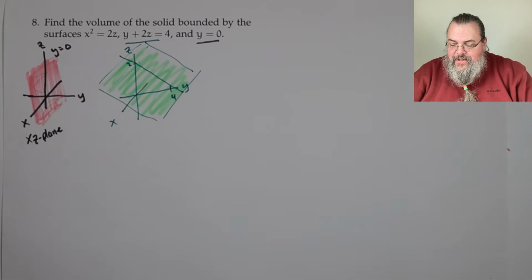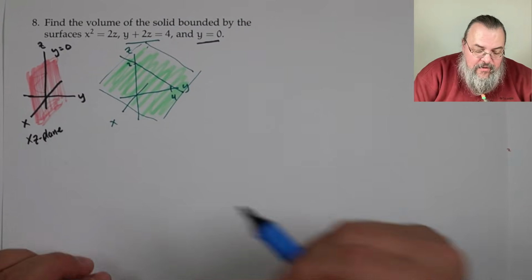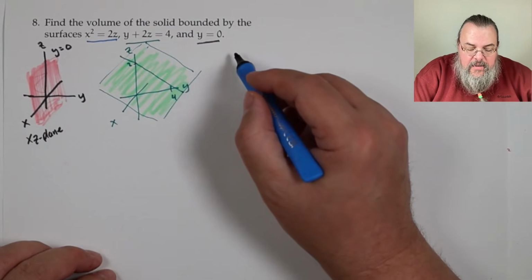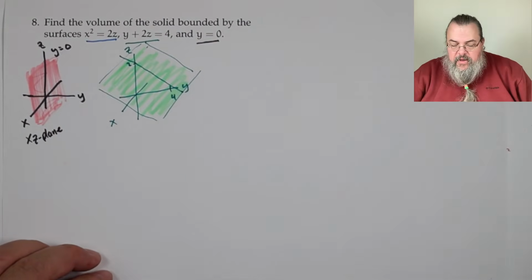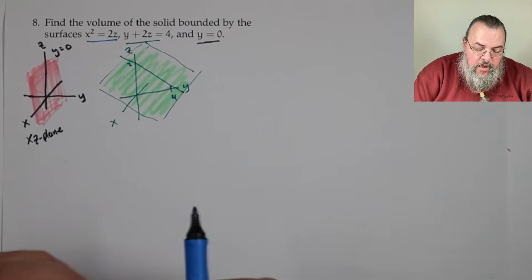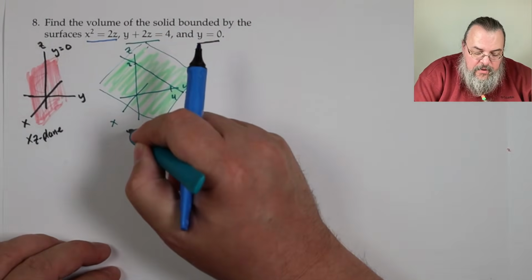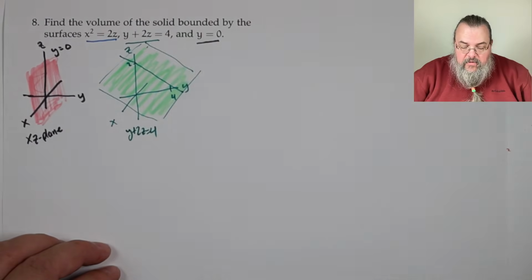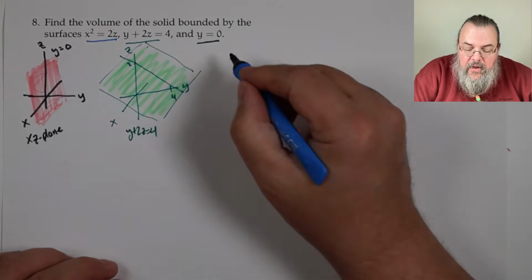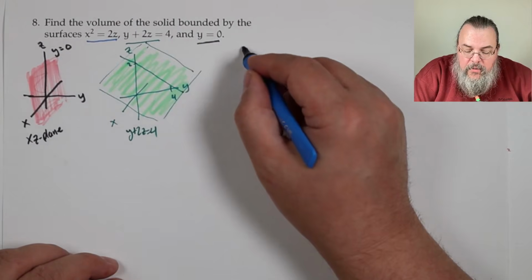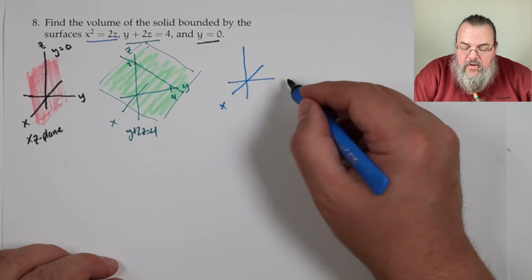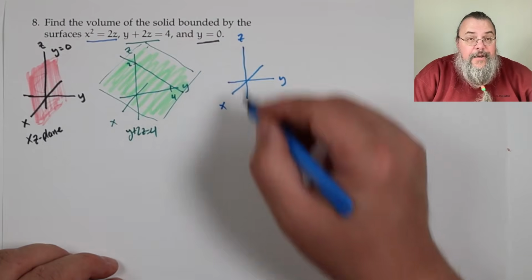And last one. X squared equals 2z. Okay. What is that one? Interesting. We should make some notes here. This is our y plus 2z equals 4. Okay, x squared equals 2z. Well, again, you're thinking, wait a second, there's no y.